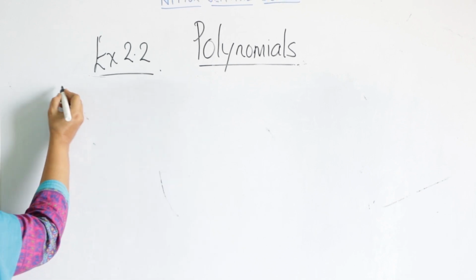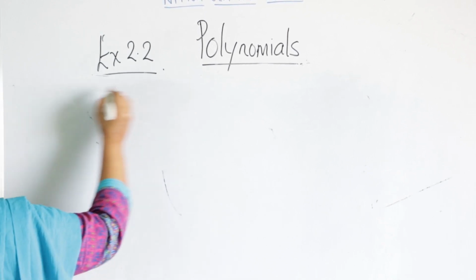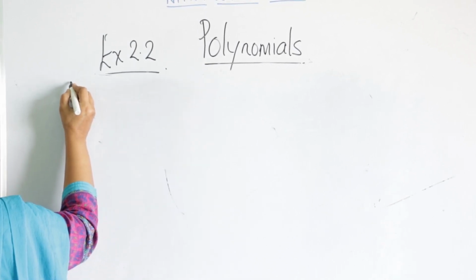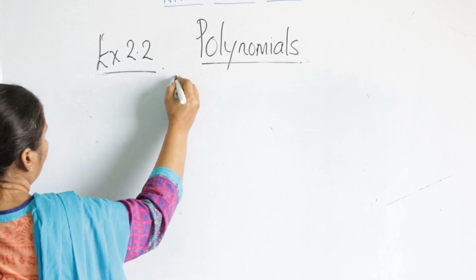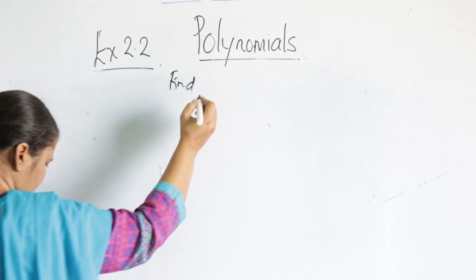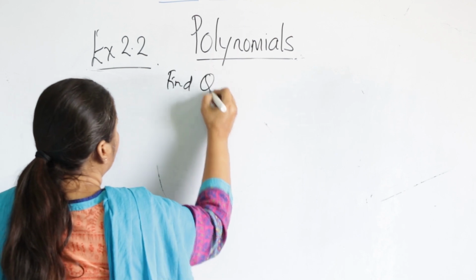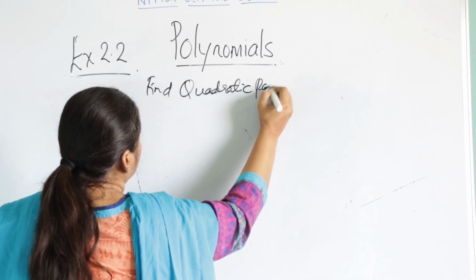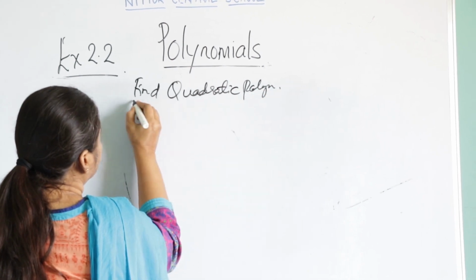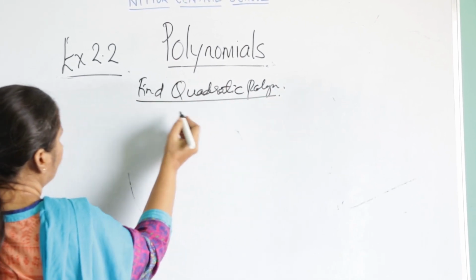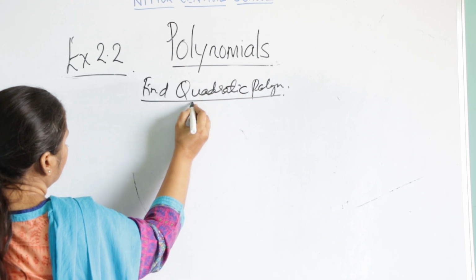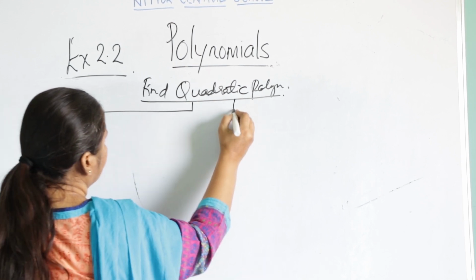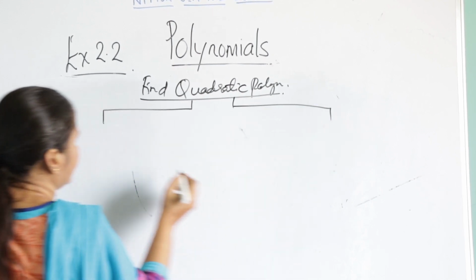See here, when you observe the heading of the problem, when you are asked to find a quadratic polynomial, for both these, there are two kinds of questions that you will normally face.